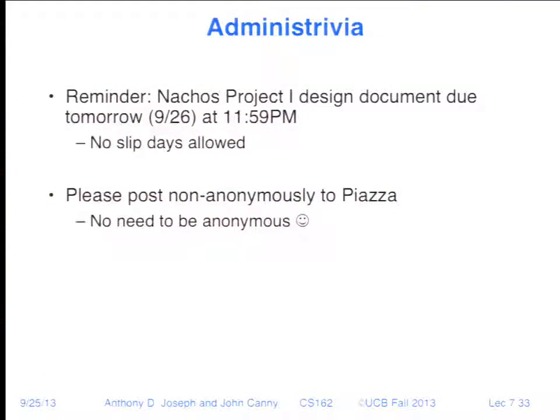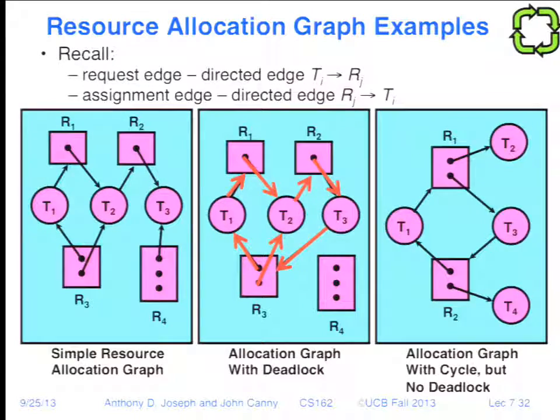Take a quick look at this, and I'll try to work through it more carefully. The trouble here is that one of these resources is owned by T3, so there's potentially a cycle through there, which can cause deadlock.